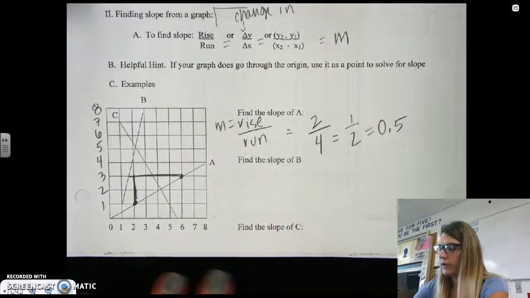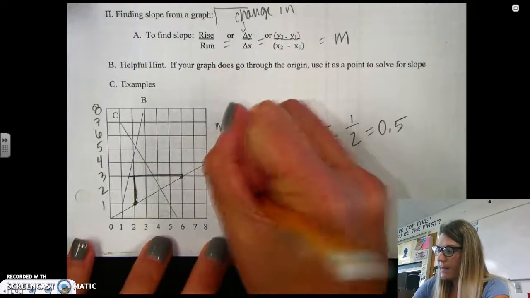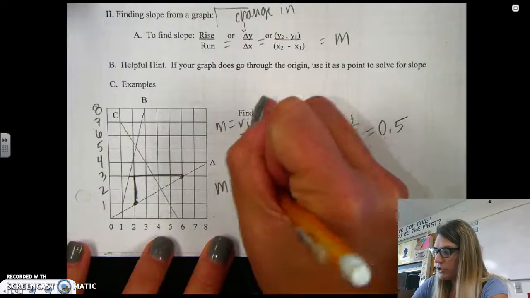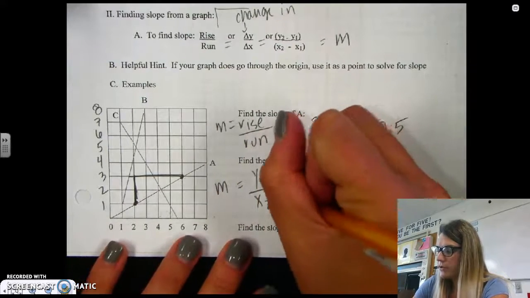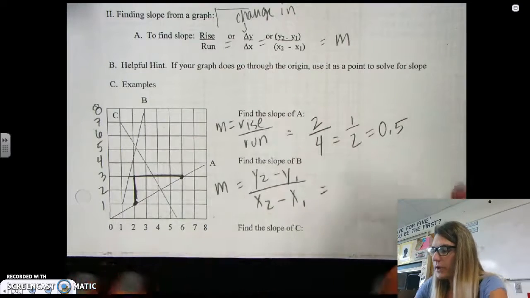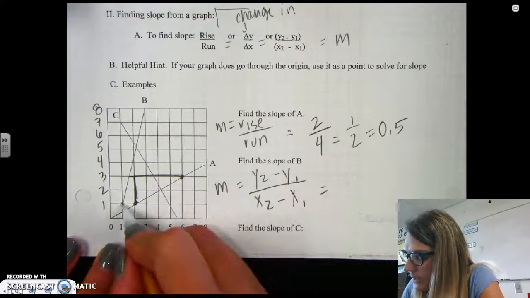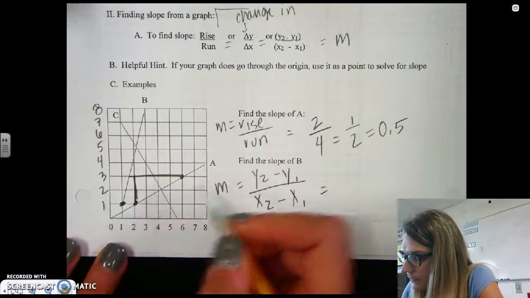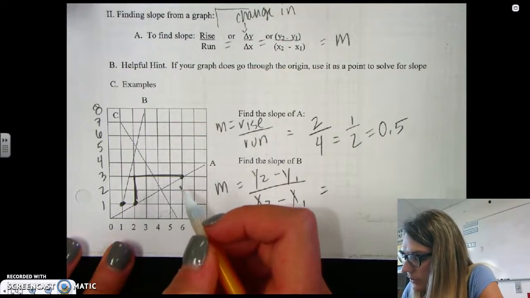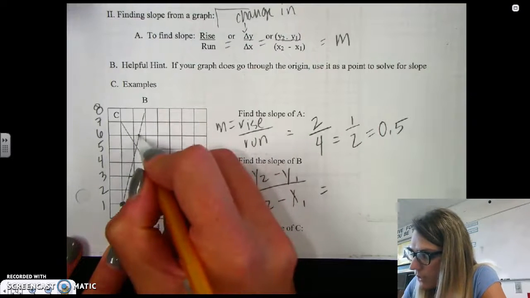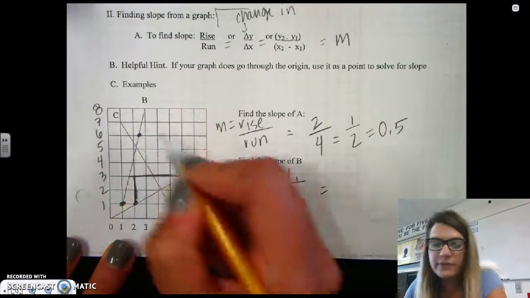Let's look at another way of calculating slope. Let's do m is equal to y2 minus y1 divided by x2 minus x1. Okay, so for B, this one's on an origin, and I really don't have another origin, so I'm going to do this one because it's kind of in the middle, which might be easy to find.